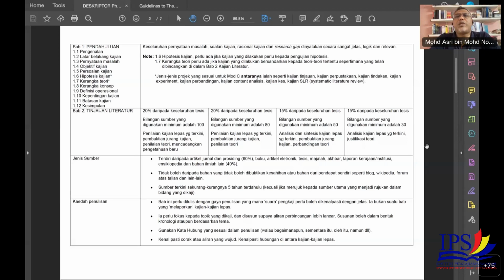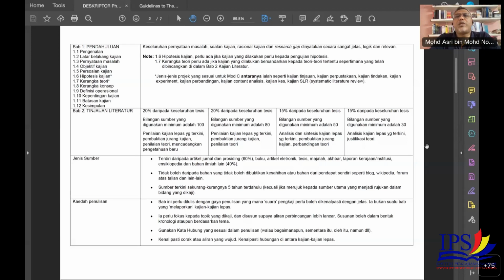For example, if you're going back to the origin of Maslow's theory, of course you have to go back to the original reference, which is very old. No issue, you can use that, no problem.